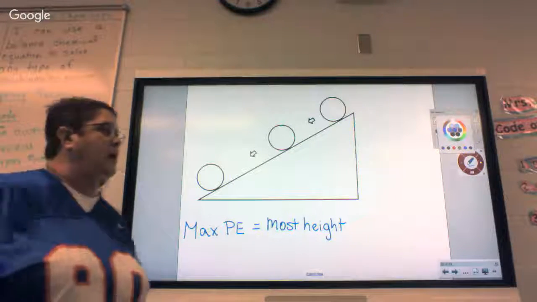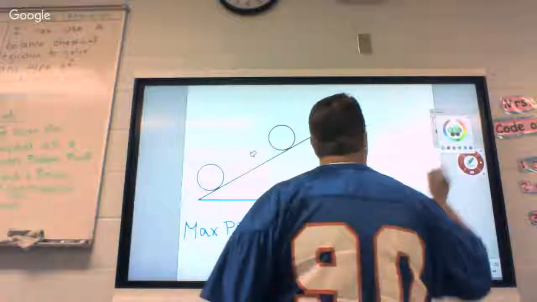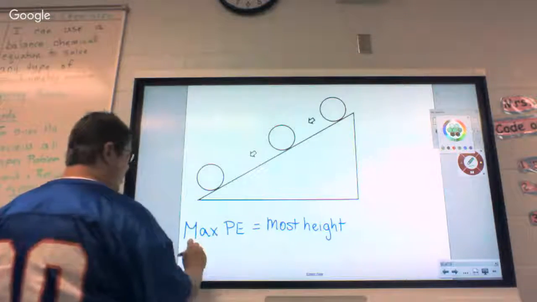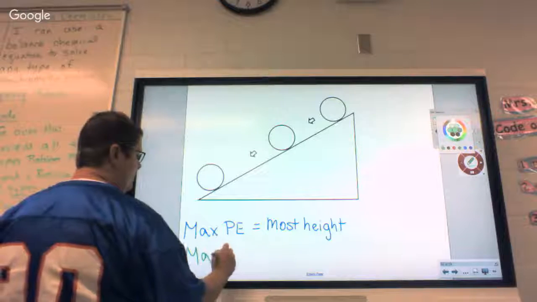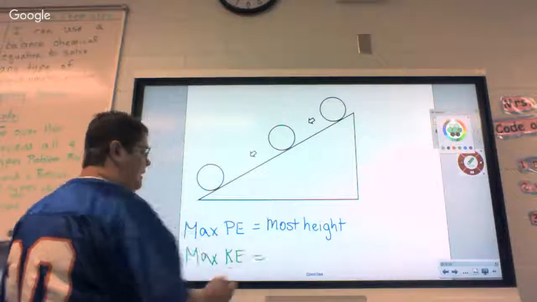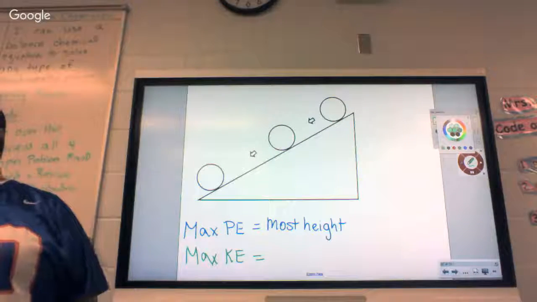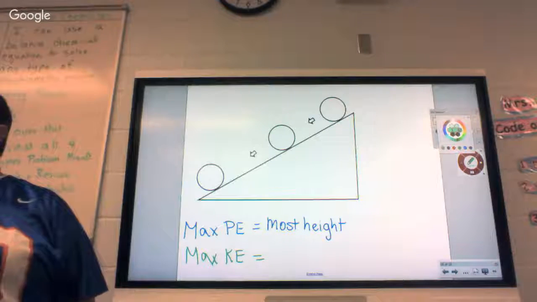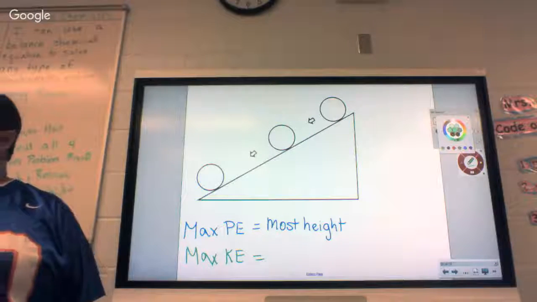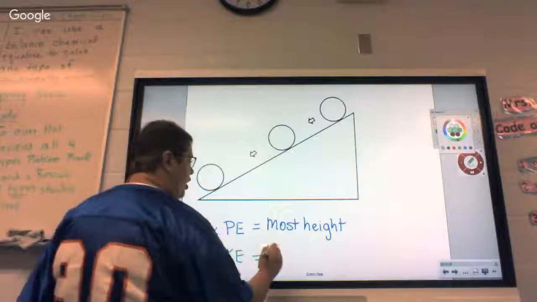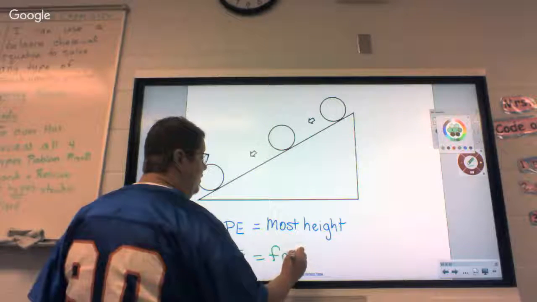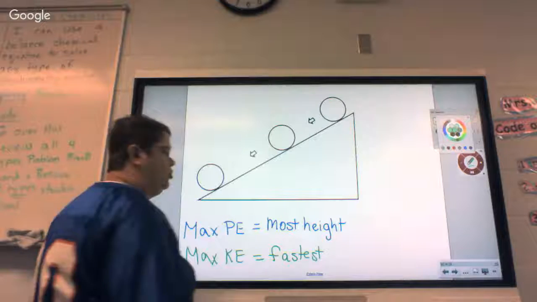Now, if you want to find the maximum kinetic energy, what did you do yesterday to give it the most kinetic energy? You threw it, all right? So you're looking for where it's going the fastest.